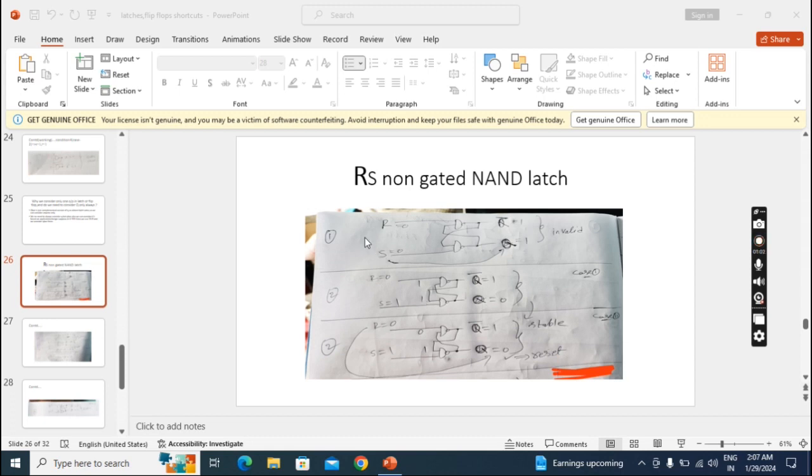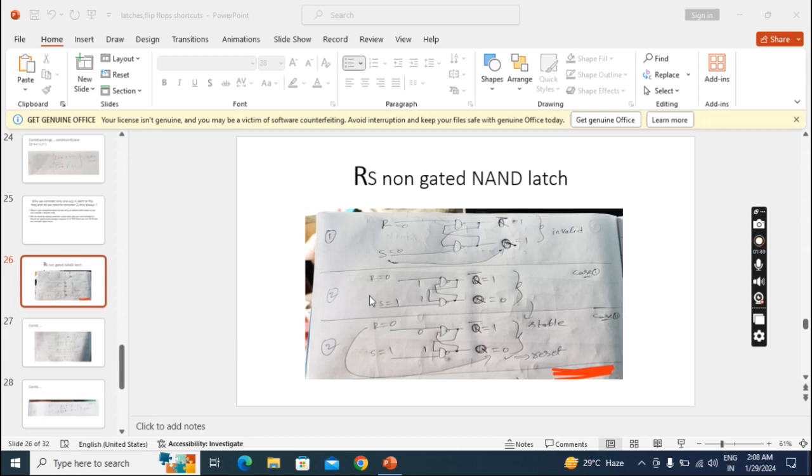Here, if you observe carefully, wherever I kept S, straight to that I kept Q, and wherever I kept R, straight to that I kept Q bar. But in the first lecture, S is on top and Q is also on top. Here and there, wherever S is, straight to that you have to keep Q. That you can remember. We are interchanging inputs, so you have to interchange outputs also.